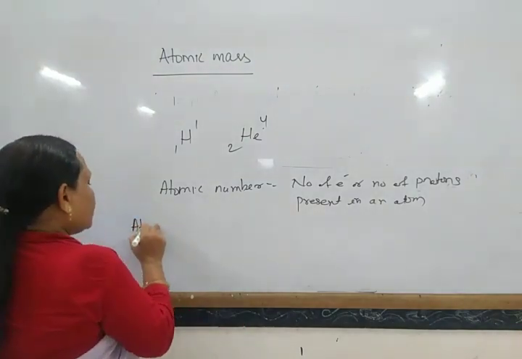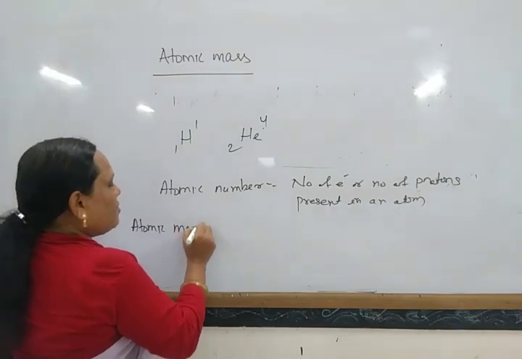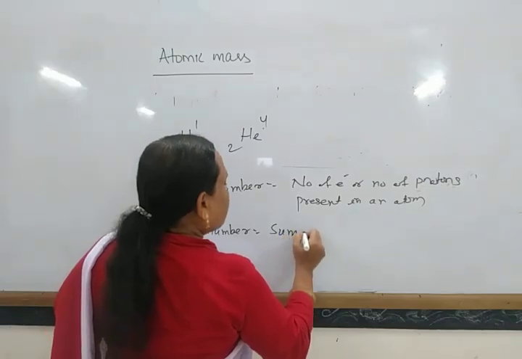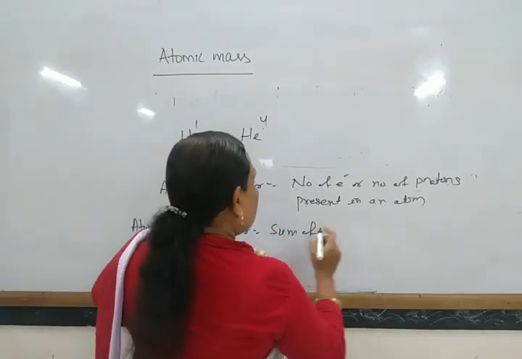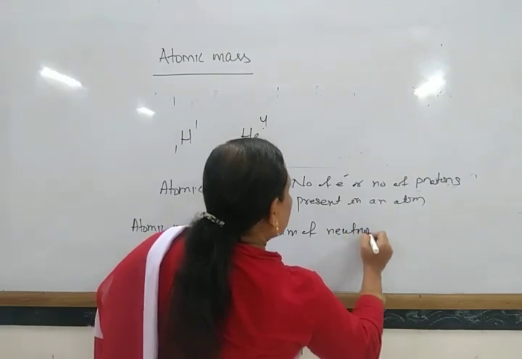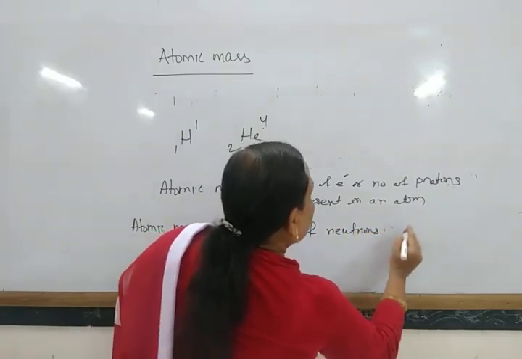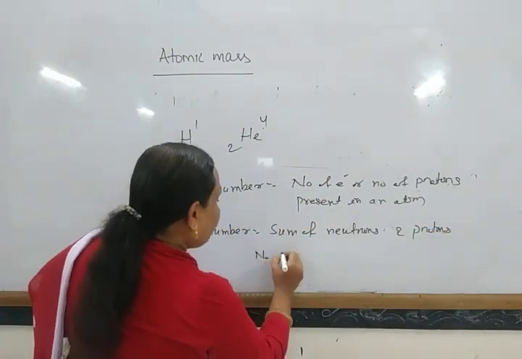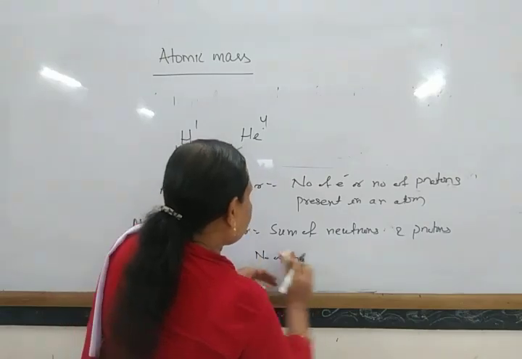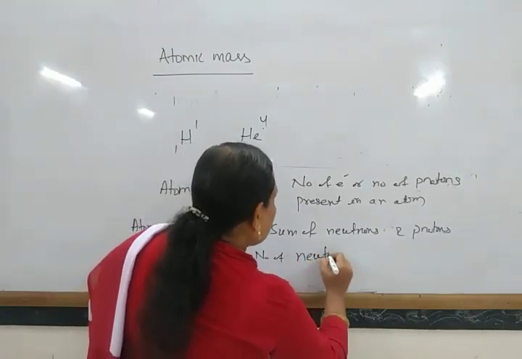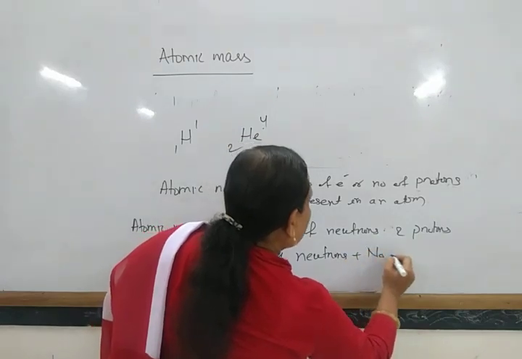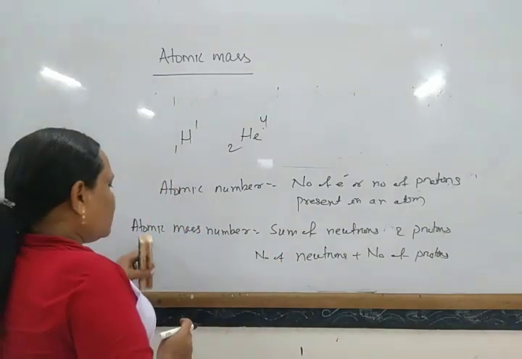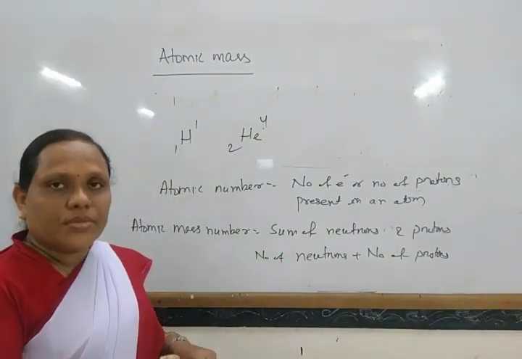And atomic mass number is the sum of neutrons and protons, that is number of neutrons plus number of protons.